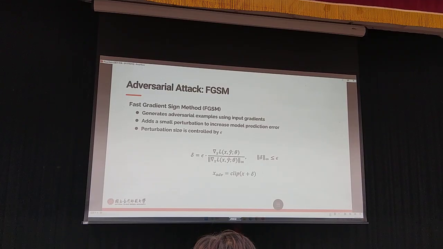The perturbation size is controlled by epsilon. In my implementation, I used a normalized gradient version of FGSM, where the gradient is normalized by the L infinity norm. The adversarial input is then clipped to keep it within the valid input range.